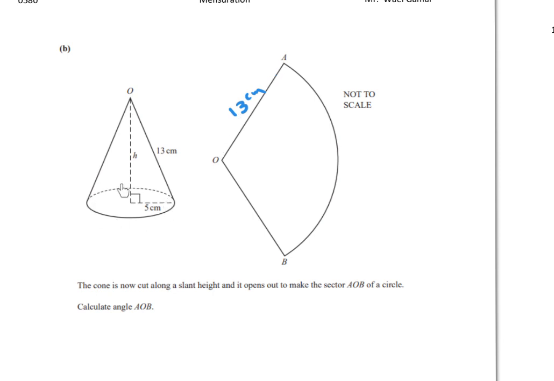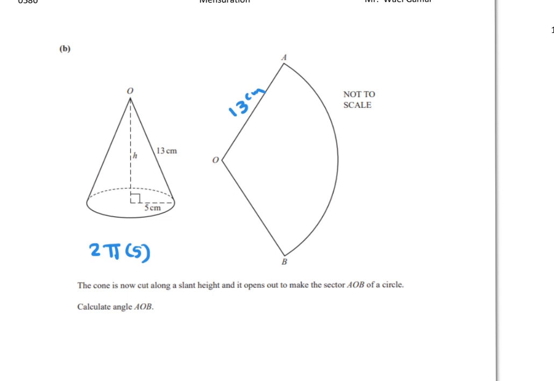And this circle will be this arc. So the circumference of this circle equals the length of this arc. Circumference of the circle is 2πr, so 2 times π times 5.